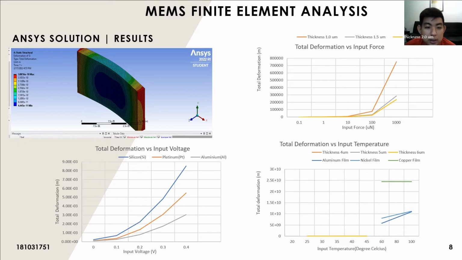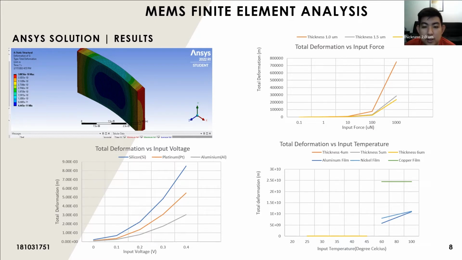The second graph is total deformation with input voltage, which you can see increases linearly, and silicon has the best deformation. The last one is the total deformation with input temperature. We have two variables, which are thickness and the material, aluminum.